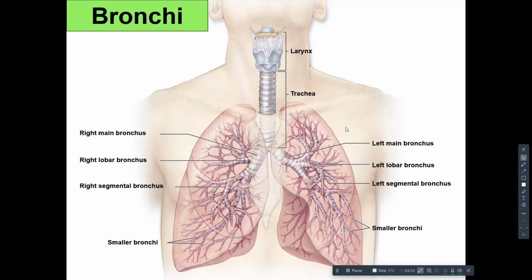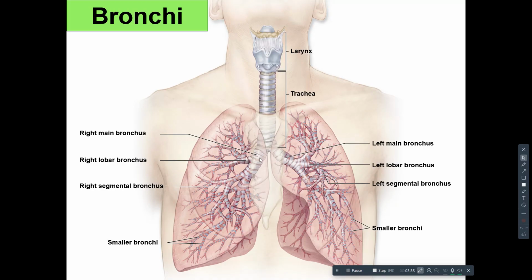Let's talk about the bronchi in those lungs. So we know the trachea comes down to the mediastinum, and the trachea splits into the 2 main bronchi. A right main bronchus going to the right lung, a left main bronchus going to the left lung. The left main bronchus is a little bit longer and more horizontal because it has to go past the heart, of course.